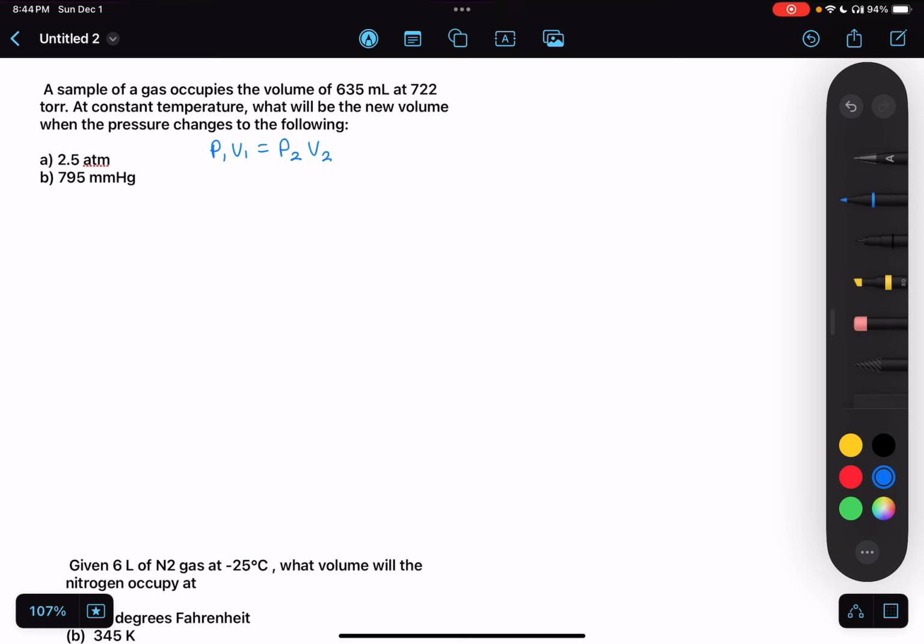is final. So if we've got a volume of 635 milliliters, okay, that's 722 torr.